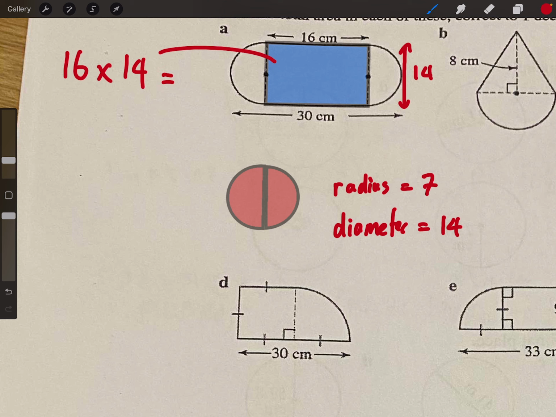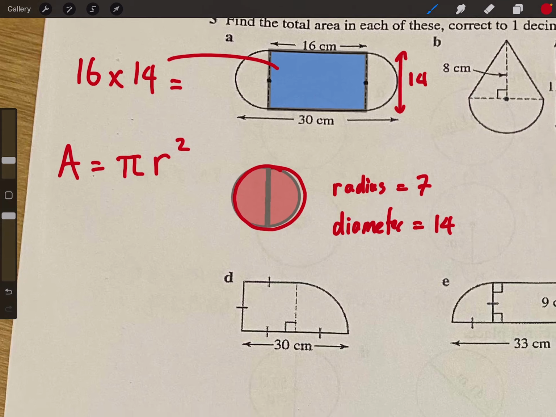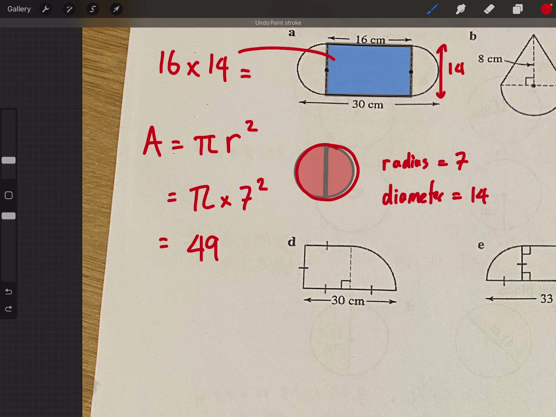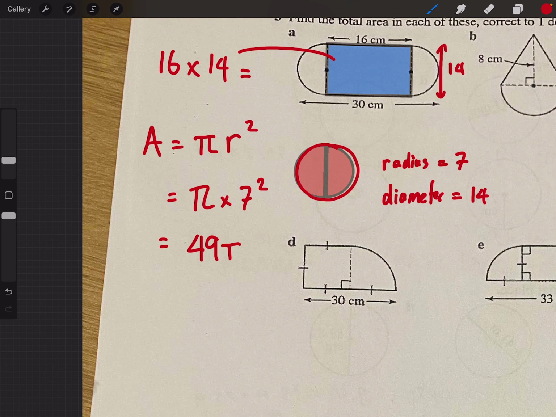And then we're going to find the area of this circle. For the area of a circle, we know that the formula is pi times radius squared. So the radius is 7, so that means pi times 7 squared, which is 49, because 7 squared is 49. 49 times pi, or 49 pi.